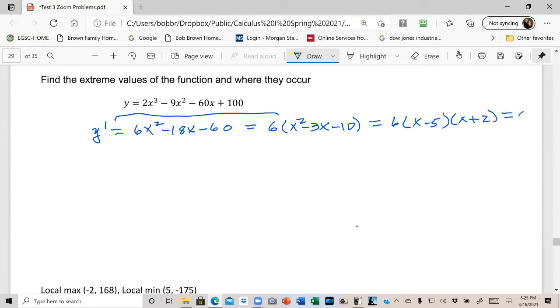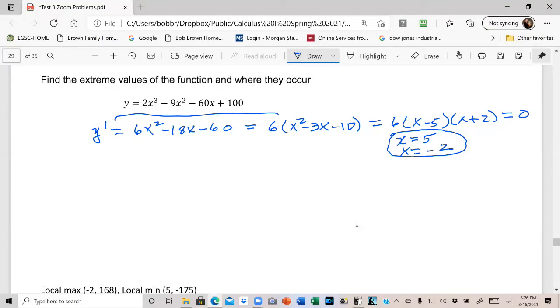Set that equal to 0, and we get x equal 5 and x equal minus 2. Now, these could be relative min or relative max, or we could call it local min or local max.